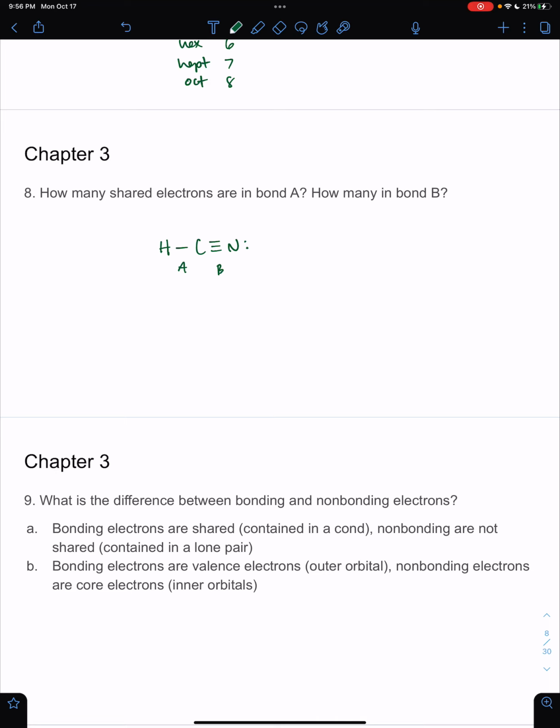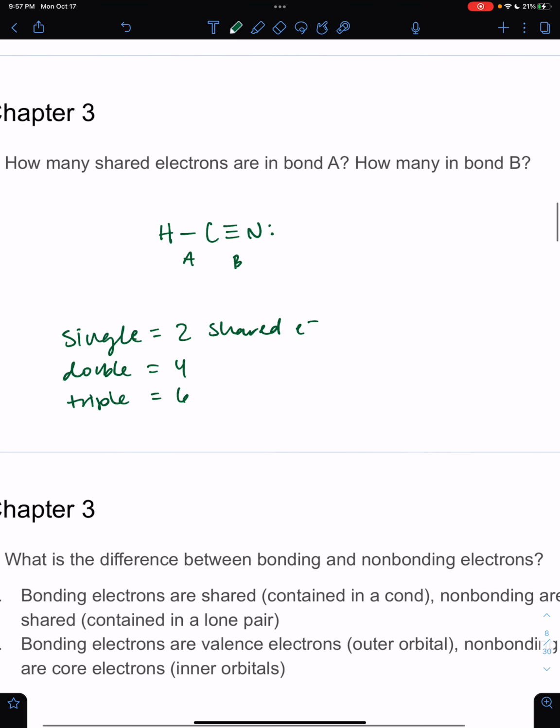So looking at bond A, we know that in a single bond, there are 2 shared electrons. In a double bond, there's 4. And in a triple, there's 6. So for each line, there's 2 shared electrons.